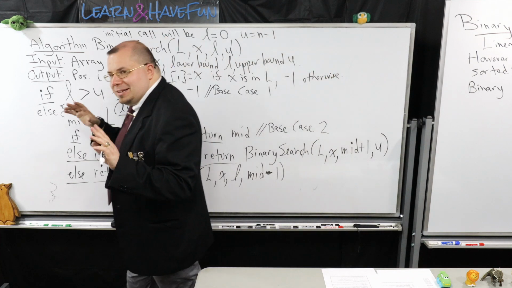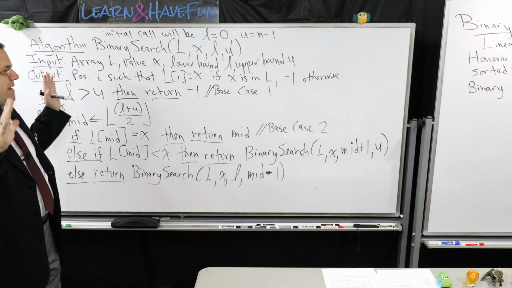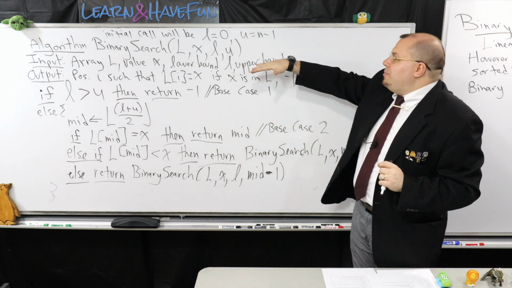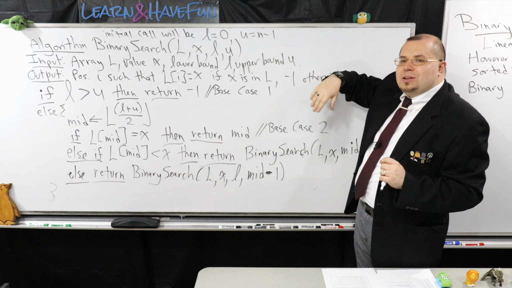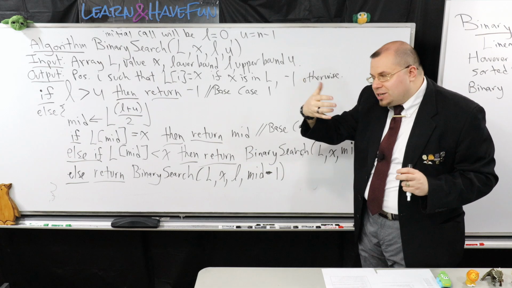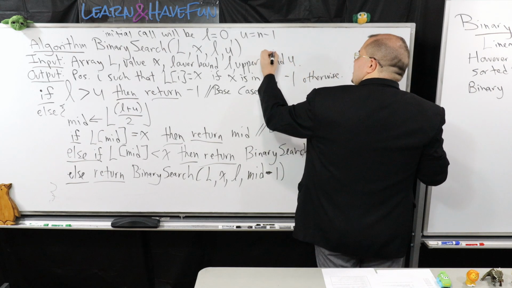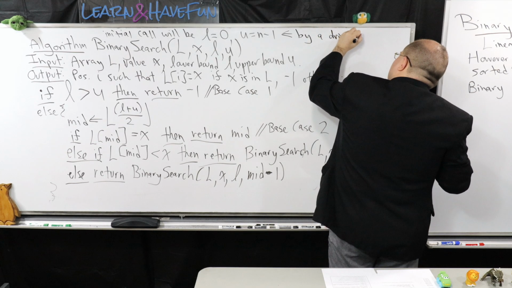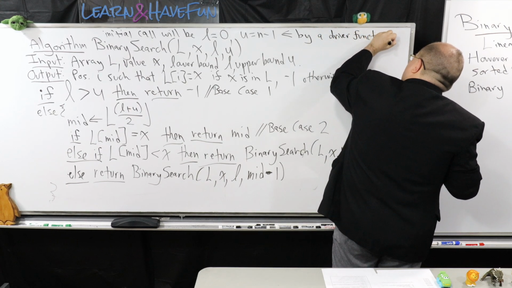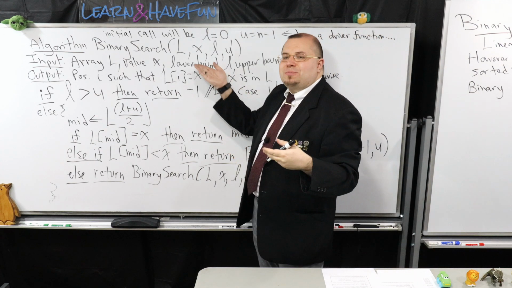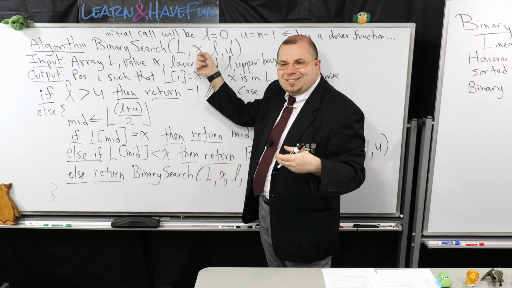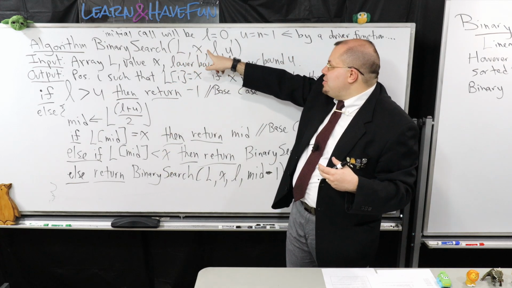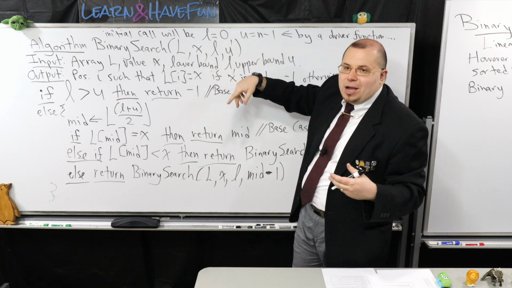So that being said, let's start talking about how we can analyze this algorithm. Just as a reminder, to be very clear, if you were to actually use this algorithm, you would have a driver function. Maybe it's called binary search, but its parameters are just L and X. It will call this algorithm, binary search, where you make L be 0 and U be n minus 1.